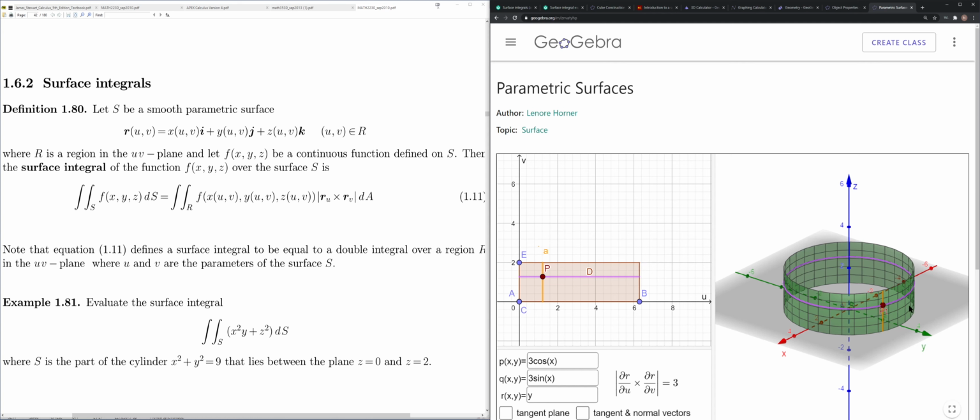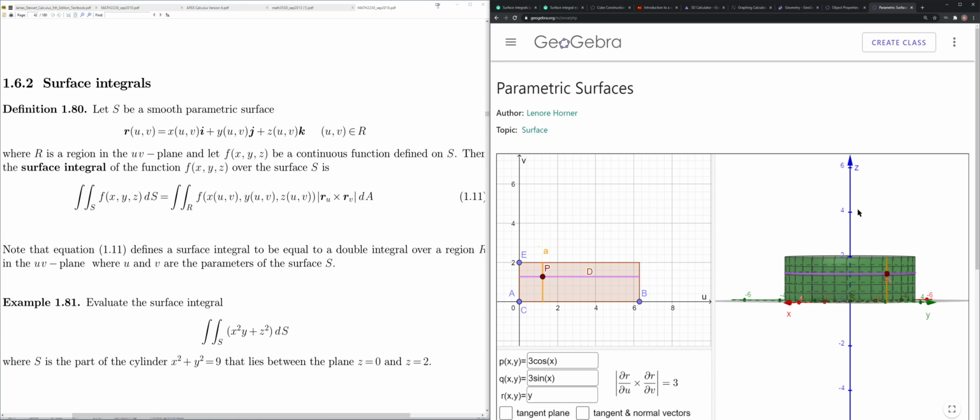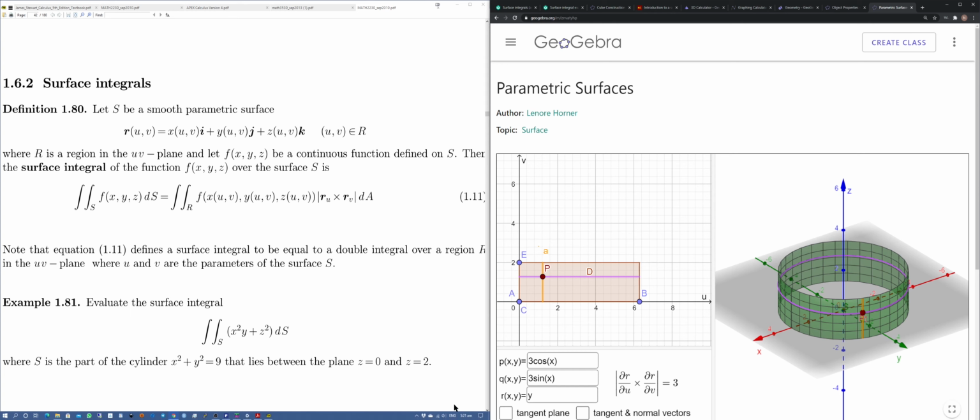Then when you go around to this point, you get to pi, then 3 pi on 2, and finally you come back around to 2 pi. So theta measures the angle as you go around the cylinder in a radial fashion, and the z in the parametric description refers to height, just the normal z from your coordinate axes.